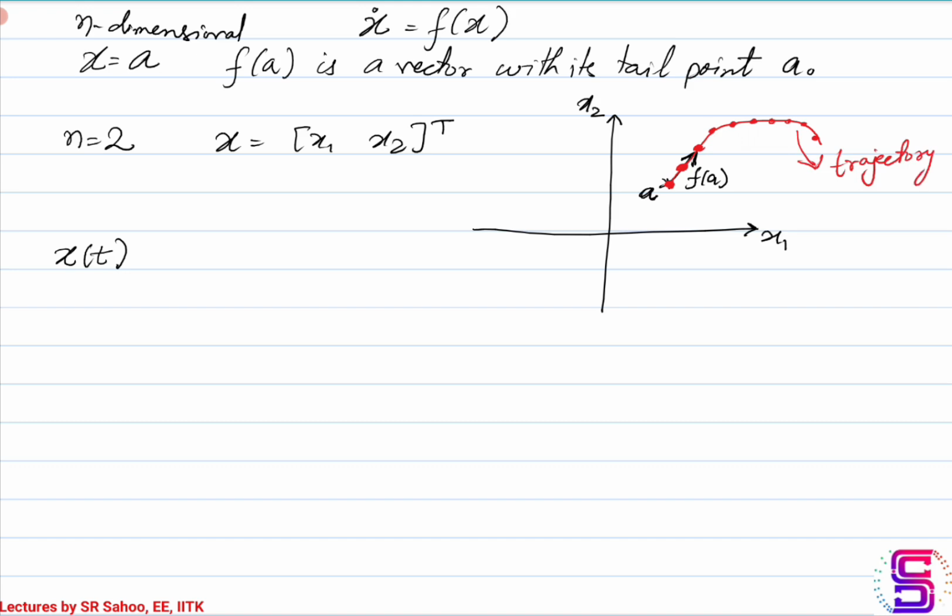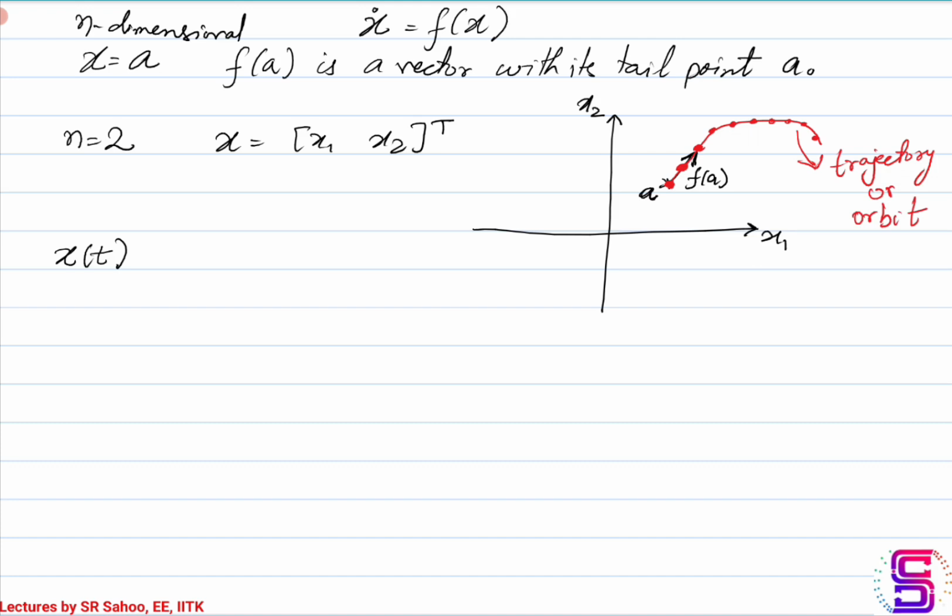It's basically a plot between x1 versus x2 versus x3 versus x4 that you get. And how do you get those points? Those points are nothing but the solution to the differential equation. So that is the locus, and we call that locus the trajectory, or also known as the orbit.